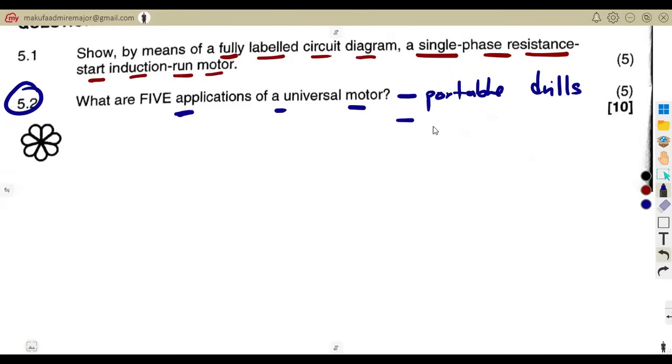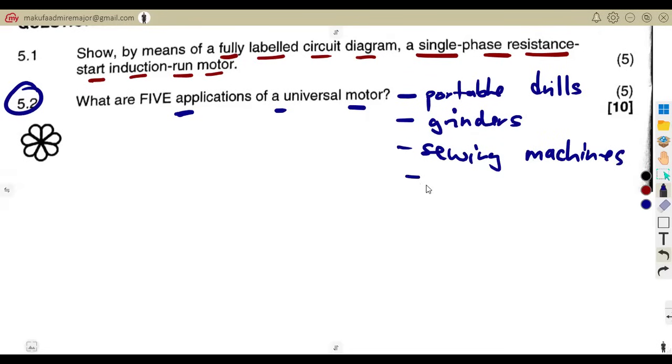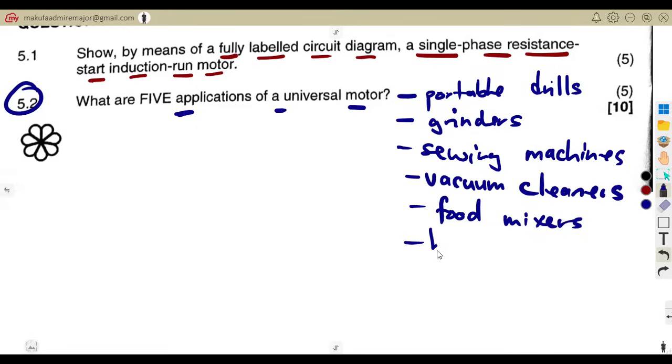You can consider the use of grinders, and also sewing machines. We also have these in vacuum cleaners, in food mixers, in blenders. All these are places where the universal motor is used.